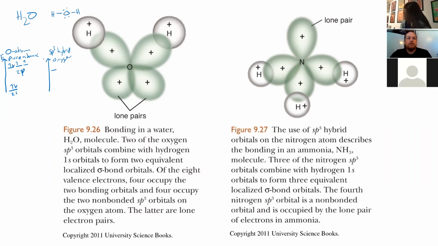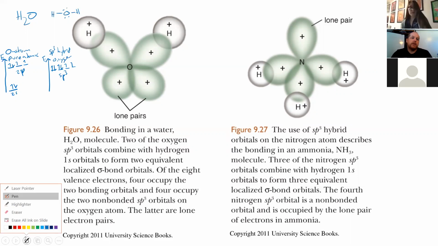And that sp3 hybrid oxygen atom is going to have 4 sp3 orbitals. Those orbitals will then be filled with the 6 valence electrons. So 1, 2, 3, 4, 5, 6. Well, that leaves two orbitals that have 1 electron in them and 2 orbitals that have 2.